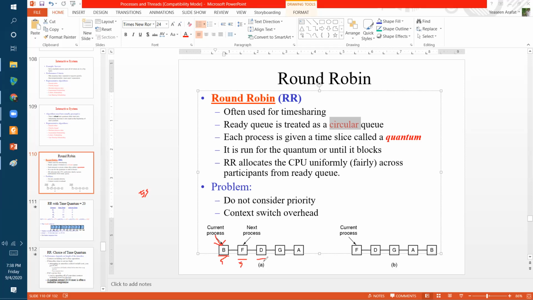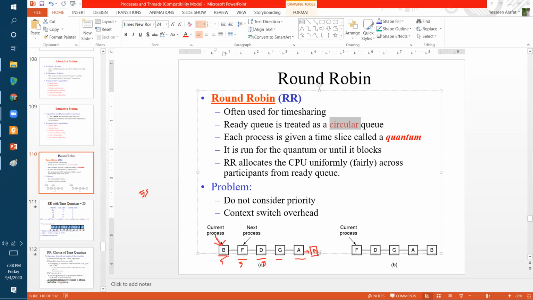Then D will run for 5 seconds, then G will come, then A. After A's quantum time is over, B will come again.